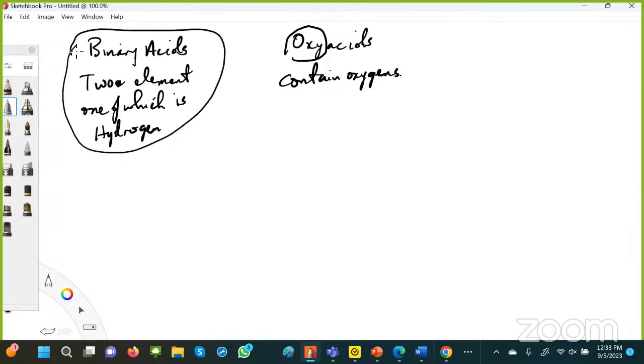How do we name the binary acids? Well, the thing about binary acids is that they can be formed from a binary molecular compound which contains hydrogen. So I'm just going to use one example. Let's say you have H2S, which is a gas, right? When you add this to water, you're going to end up with H2S aqueous, right?